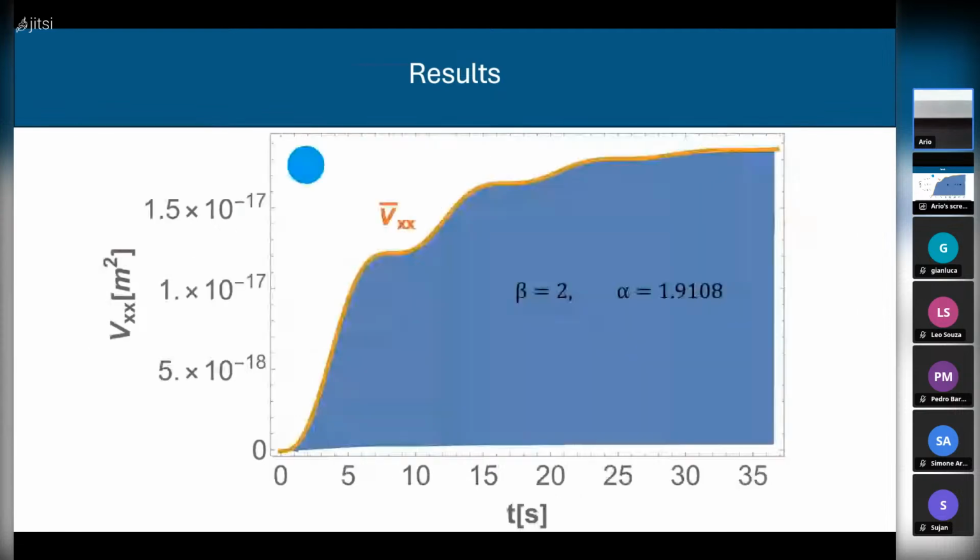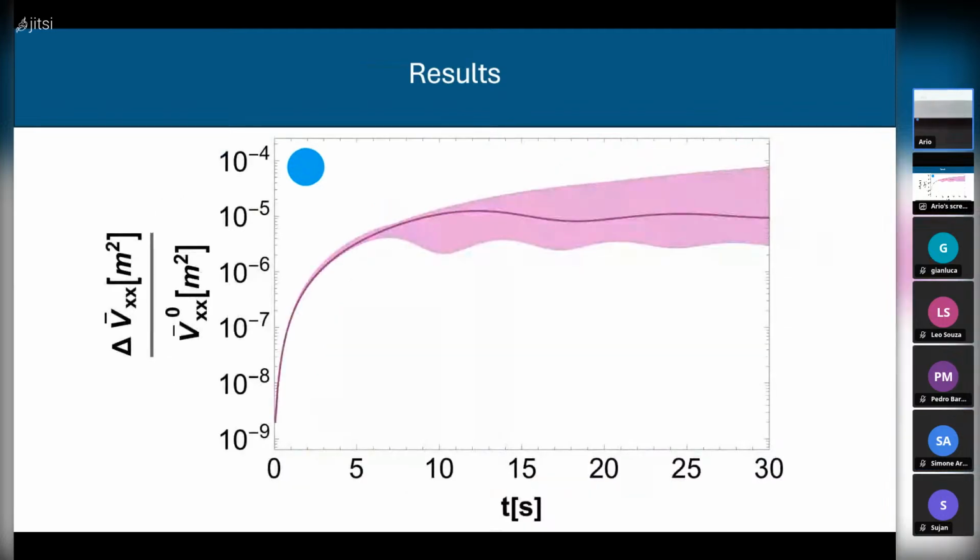While if you start to play with the parameters and choose them in a wise way, you can have this enhancement of the oscillations. Here you cannot see the oscillations because the frequency is too high, but what we are looking at is the amplitude of these oscillations, which I will call V bar. The final result is this: you can get the difference between the two cases up to 10 to the minus 5, 10 to the minus 4, with respect to 10 to the minus 9.